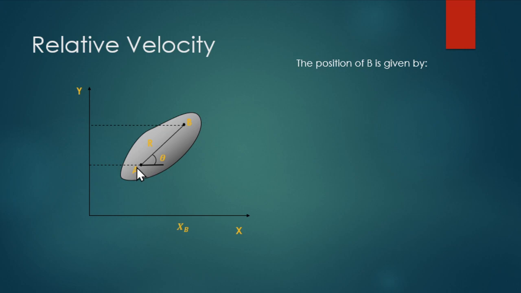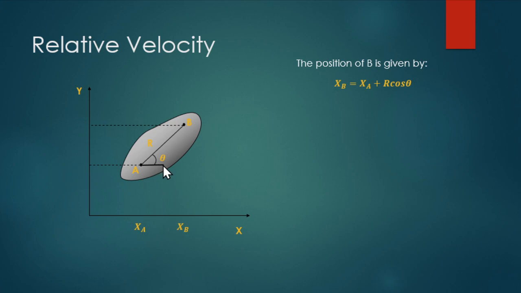And then the distance from the Y axis to point A, we call it X sub A. So we can conclude that X sub B is equal to X sub A plus R cosine theta. This X sub A plus this distance, we have by using trigonometric function.